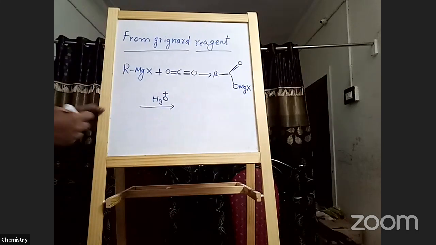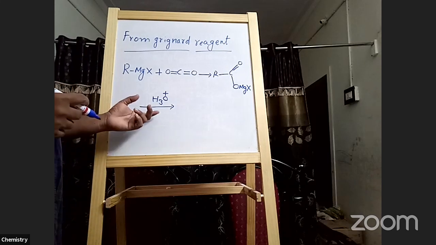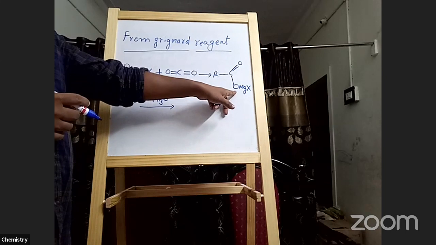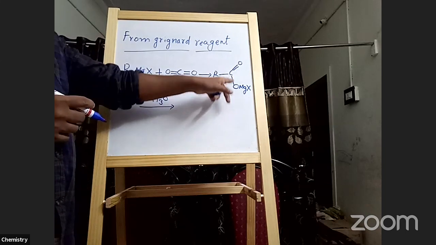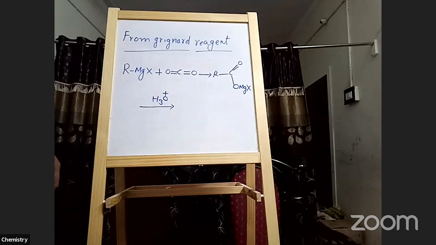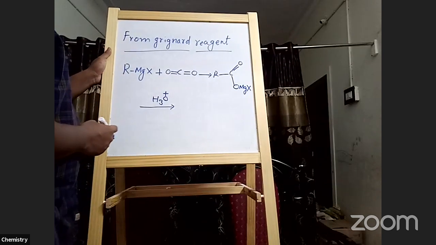What are we preparing here now? We are preparing carboxylic acids. One hydrogen is adding here, so that will be RCOOH, and MgX takes OH and goes out. MgOHX will be released.